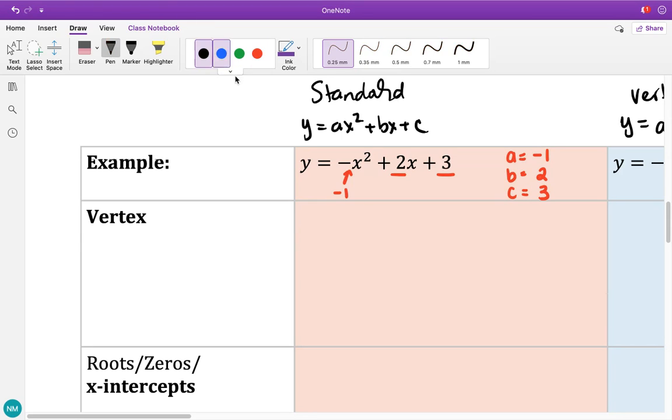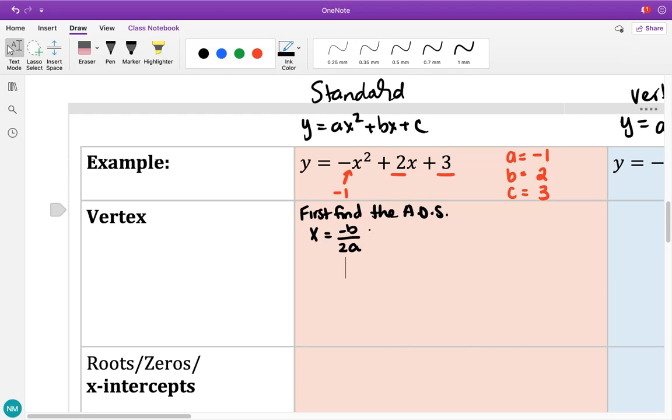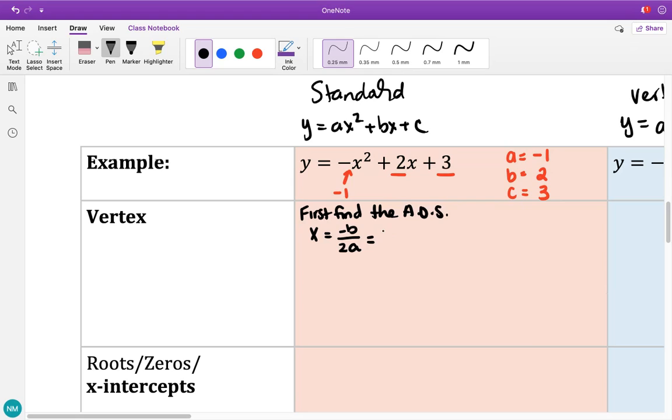How do we find the vertex? First, find the axis of symmetry, which is that line that goes in the middle. So it's x equals negative b over 2a. What is b? b is 2. And what is a?